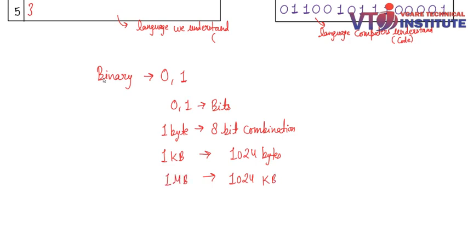Then of course the hierarchy continues to 1 GB, 1 TB. As you can see in your mobile phones, there are memory sizes. In your computers, there are 1 TB hard disks. These are all made of combinations of 0 and 1 bits, and this is the language computers can understand.